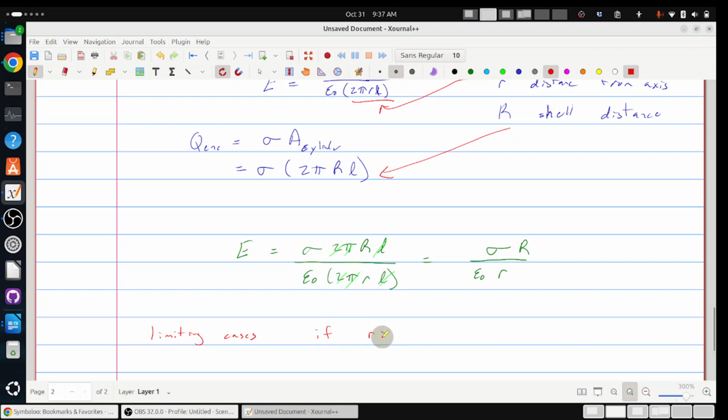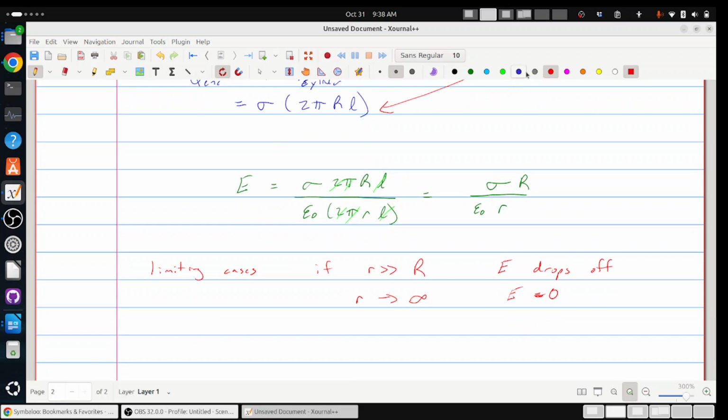If little r is much, much bigger than big R, the E field's dropping off, and at a value of r equals infinity, E is going to be equal to 0, which fits with what we had already talked about as the limits for point charges. When you get an infinite distance away from the charge, you pretty much don't feel any electric field.